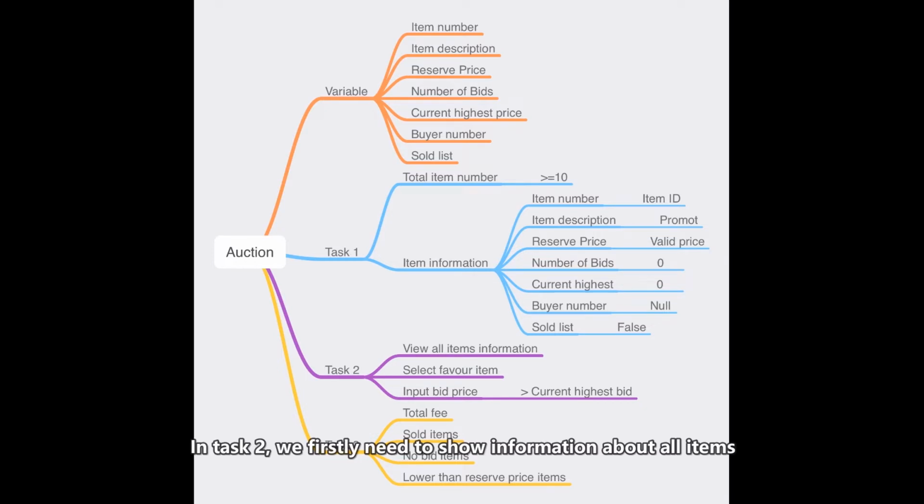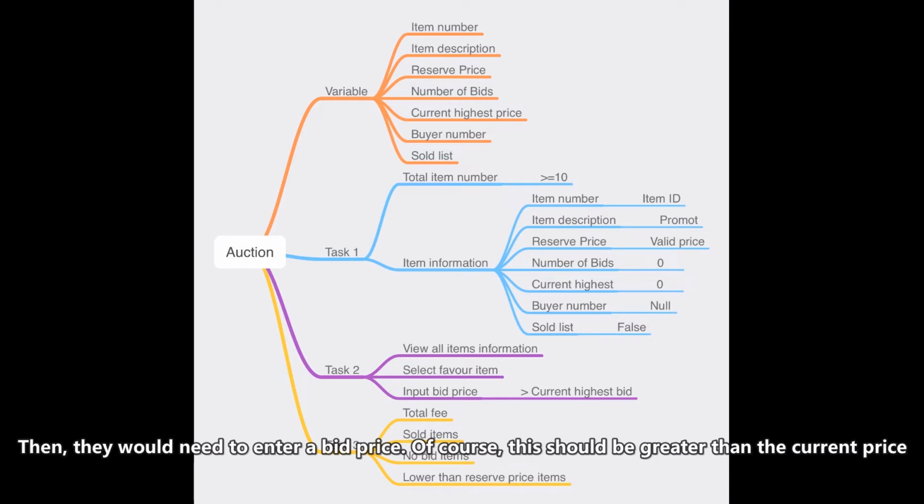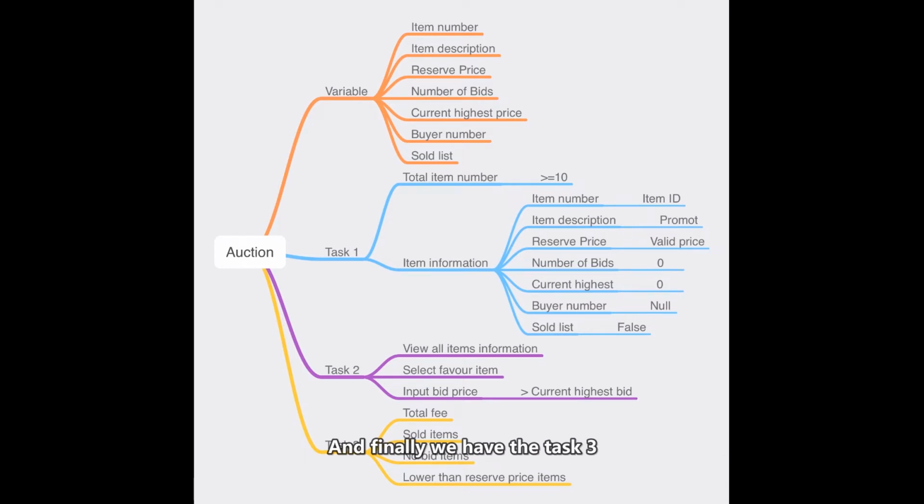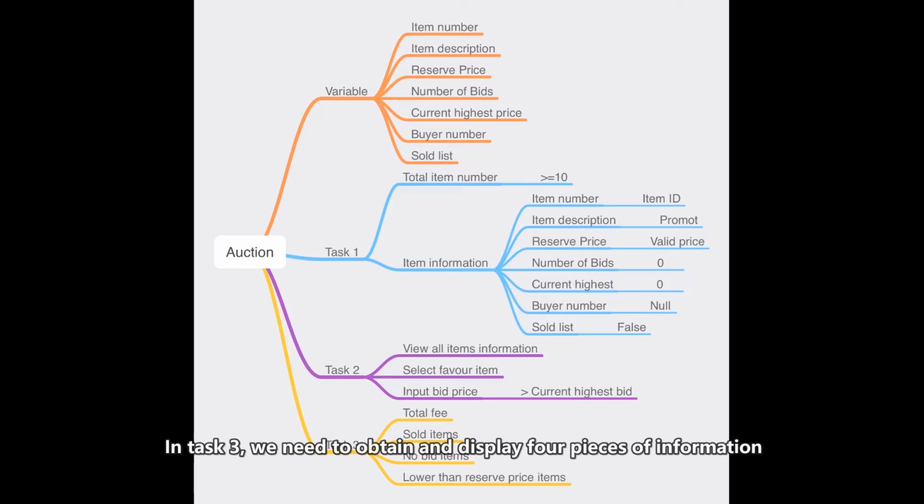In task 2, we firstly need to show information about all items and let users choose the items that they want to bid for. Then, they will need to enter a bid price. Of course, this should be greater than the current price. And finally, we have task 3. In task 3, we need to obtain and display 4 pieces of information, namely total fee, which is equal to 10% of the total value sold, items sold, items with no bid, and items that haven't reached the reserve price.